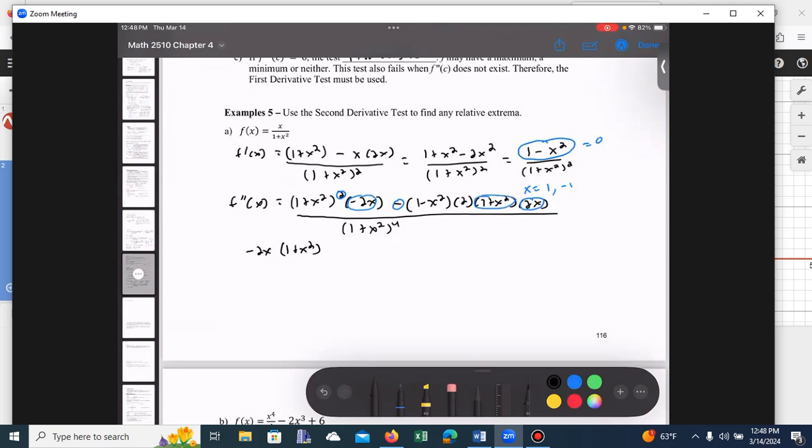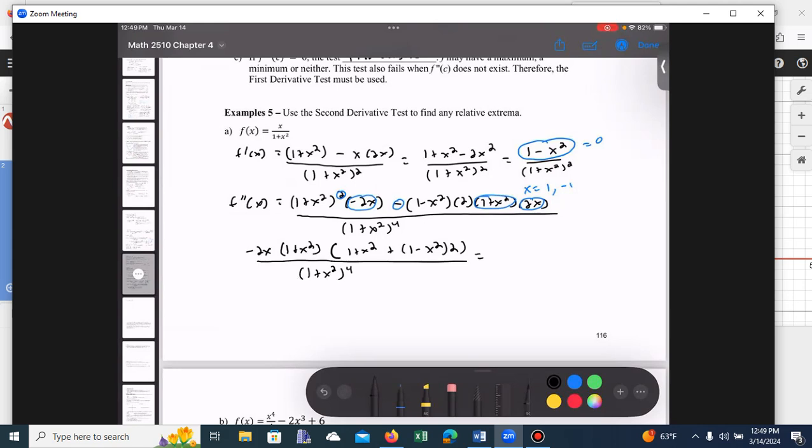So what we have left here is 1 plus x squared plus 1 minus x squared times 2. All over 1 plus x squared to the 4.